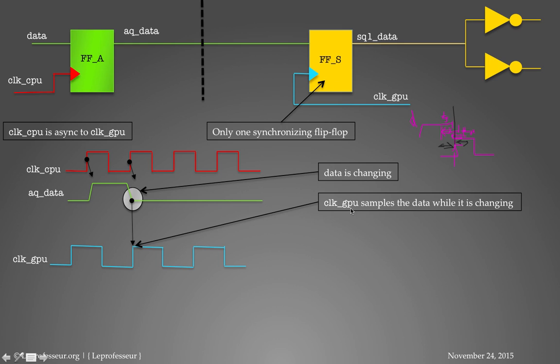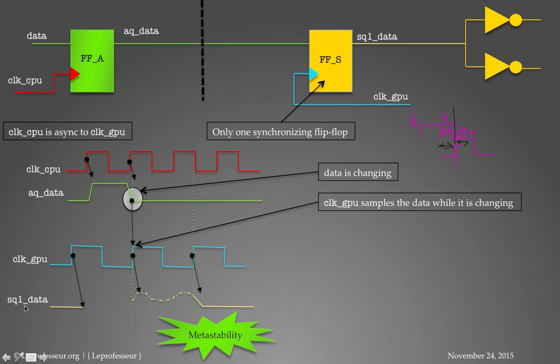In other words, we can simply say that the data is not stable when the clock is changing. We already discussed that we have to maintain the requirement that data should not change in the setup or hold window of the flip-flop.